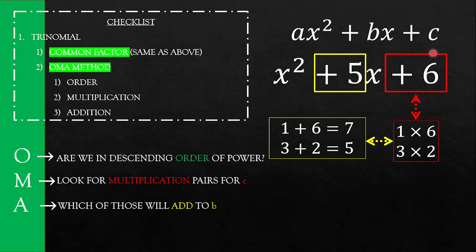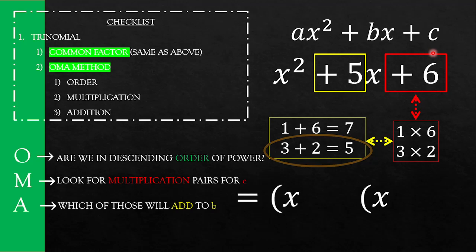Now, 1 and 6 make 7, 3 and 2 make 5. Well, if we look at that, we're going to be using the 3 and the 2 to make the 5 because we need to find a pair of multiplication from the 6 that's also going to add to get 5 for b.